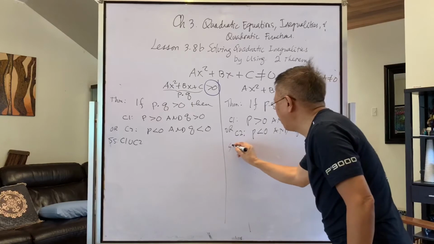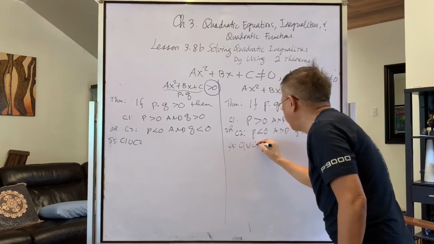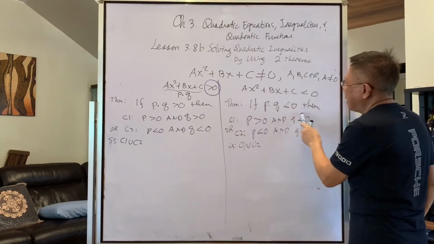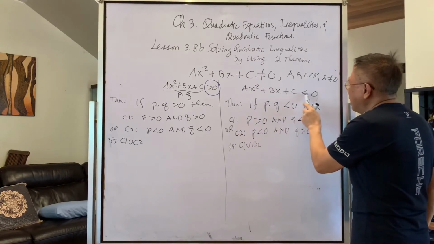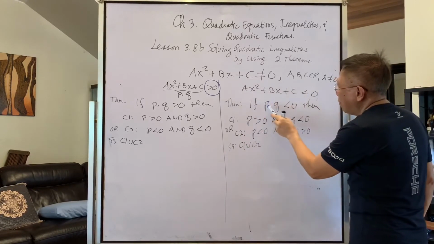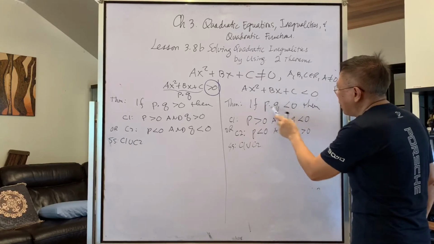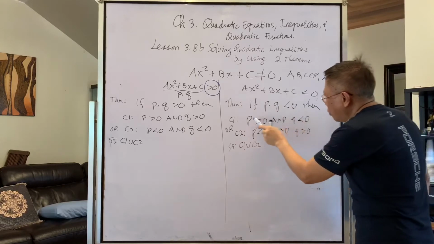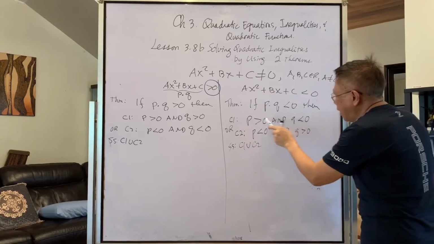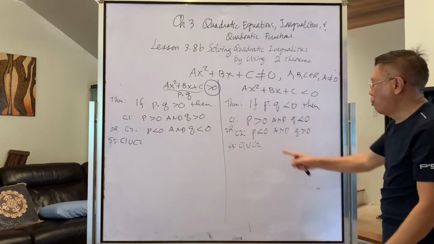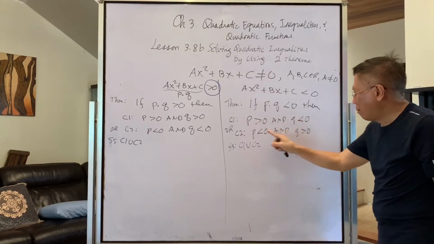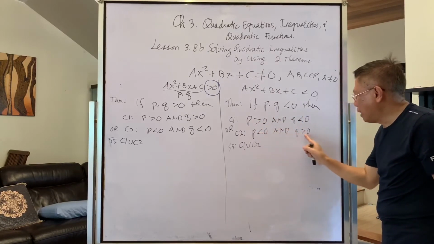And your solution will be case 1 union case 2. What this theorem is trying to tell us is that if you're solving a less than inequality and we have these two factors whose product is less than 0, then the factors should be written such that they have different signs. So one is positive, one is negative; one is negative, one is positive.